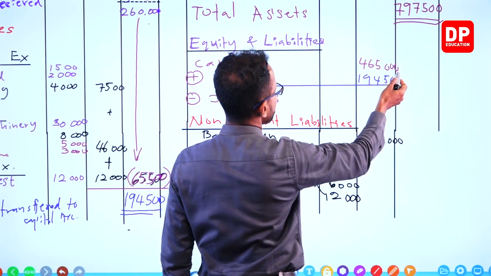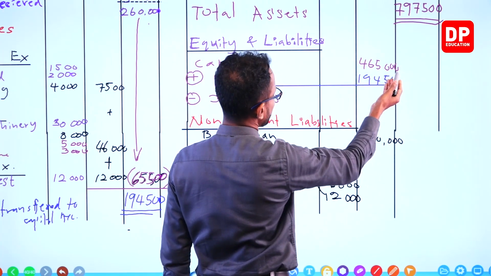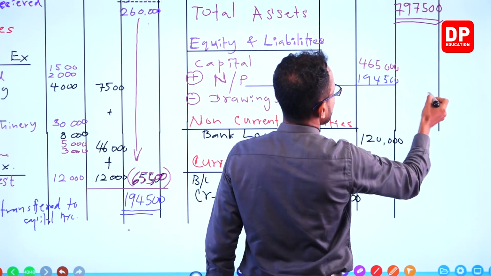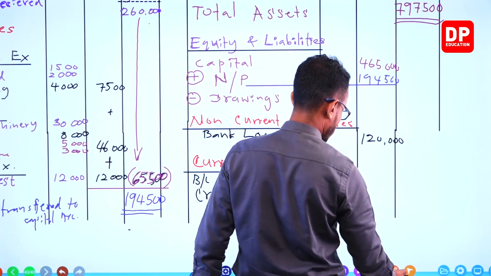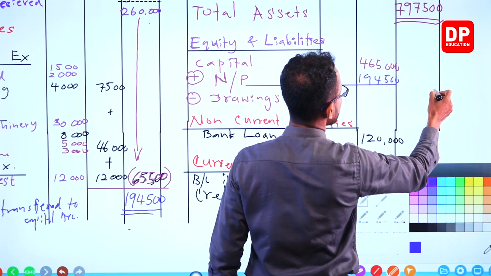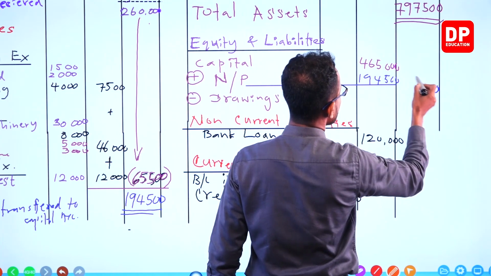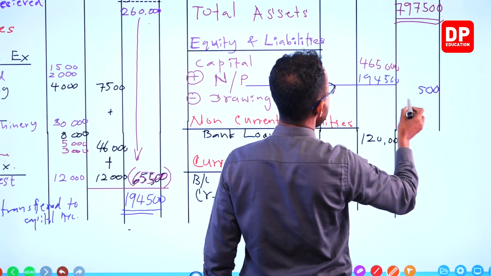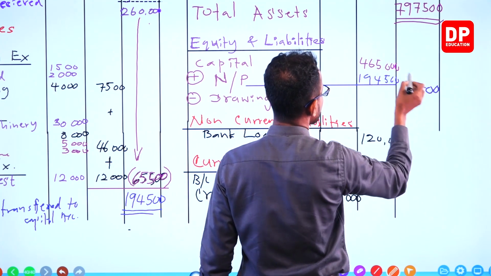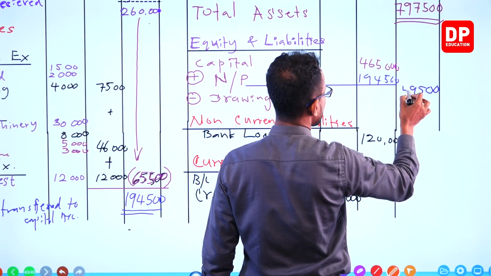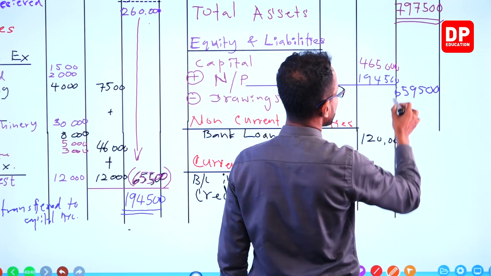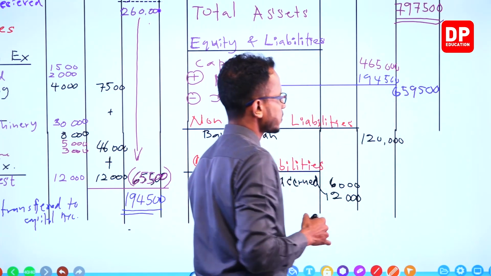Capital 465,000 plus 194,500. 0, 0, 0, 0, 0, 0, 5, 5 plus 4, 9, 9 plus 6, 15, 659,500.